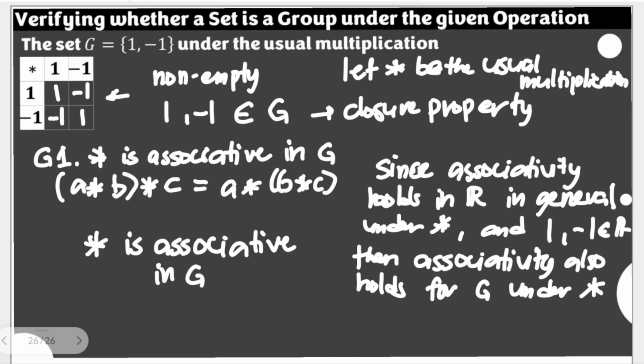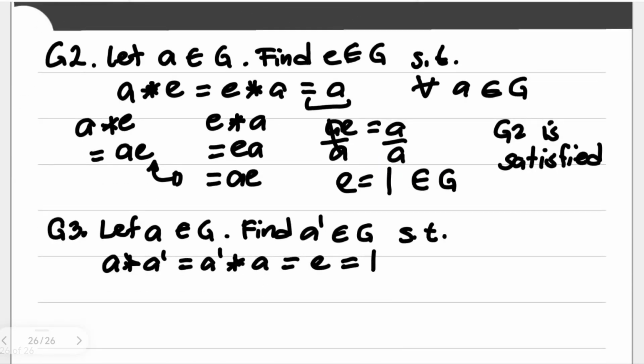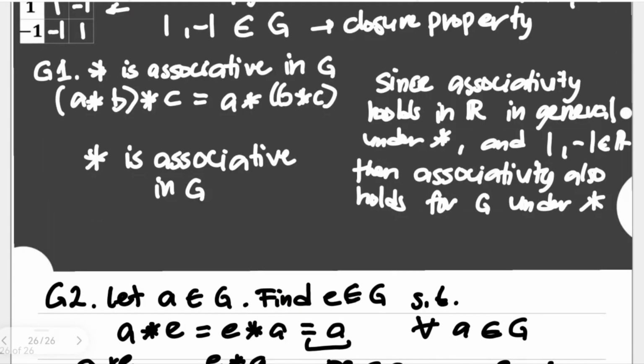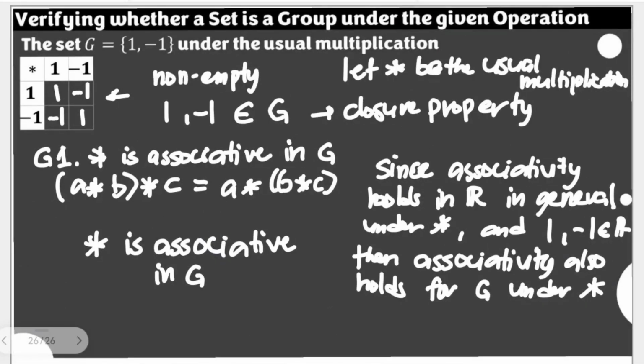Since our identity is 1, where do we get 1 here? If we multiply negative 1 by 1, you will have negative 1. 1 times 1, you will also have 1.